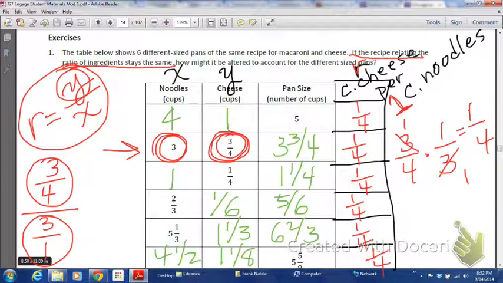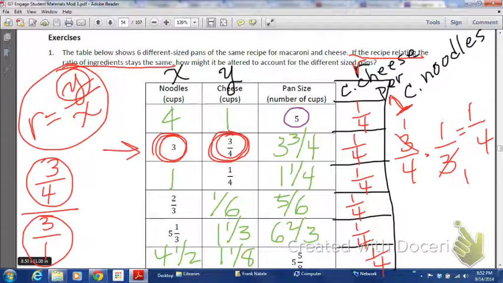Okay, so here are all the answers in green that I came up with. Just real briefly, I'll go over them a little bit. If you're given that there are 5 cups total, and you know that for every cup of noodles there's going to be 1/4 cup of cheese, then you could figure out the rest.